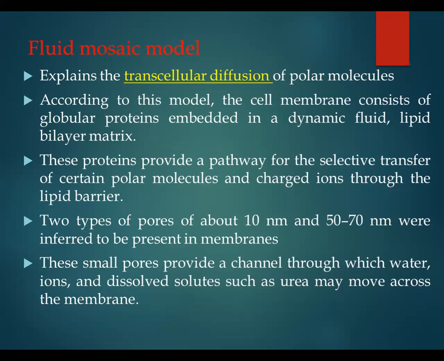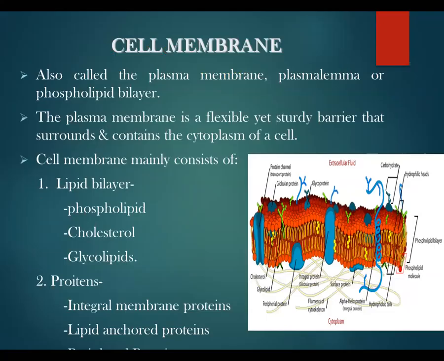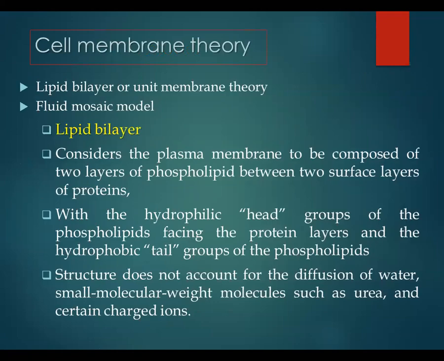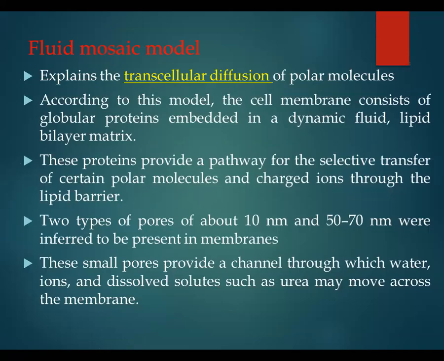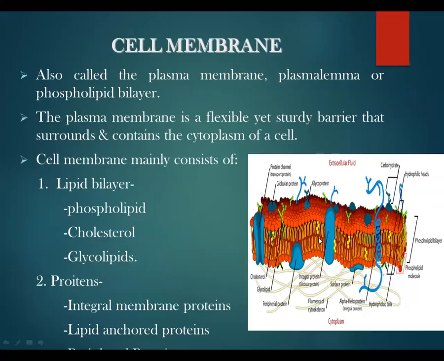So according to this model, the cell membrane consists of globular proteins. Remember this structure, I told you there are many types of integral proteins. These are the integral proteins which are buried inside, and those which are outside are called peripheral proteins.